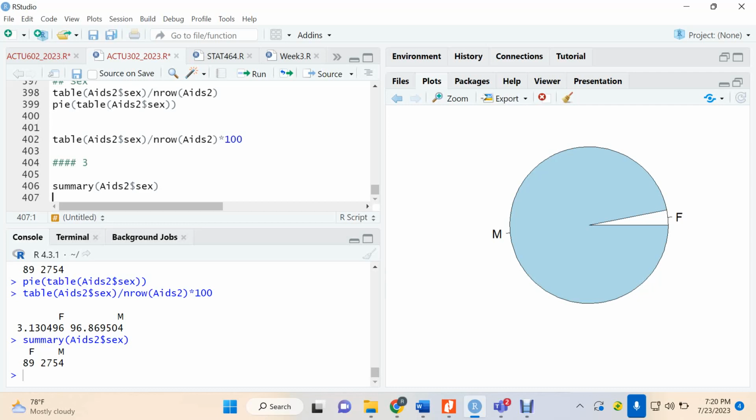So just use table. It's better to use that. But it's perfectly okay. You can describe them with the frequencies. That's fine.